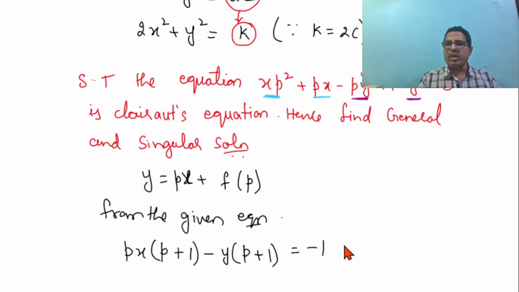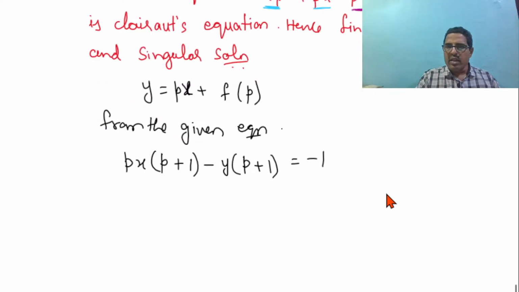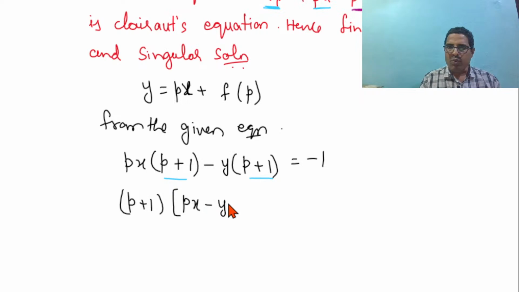Further, you can take this p plus 1 as common. If I take p plus 1 as common, you will be left out with px and minus y, equals, on the right hand side, minus of 1.